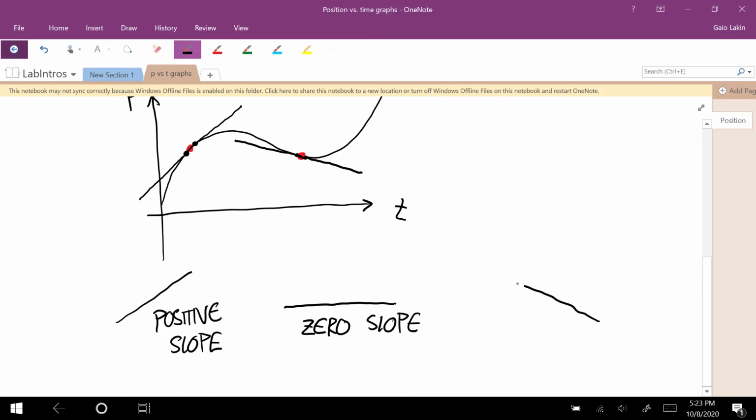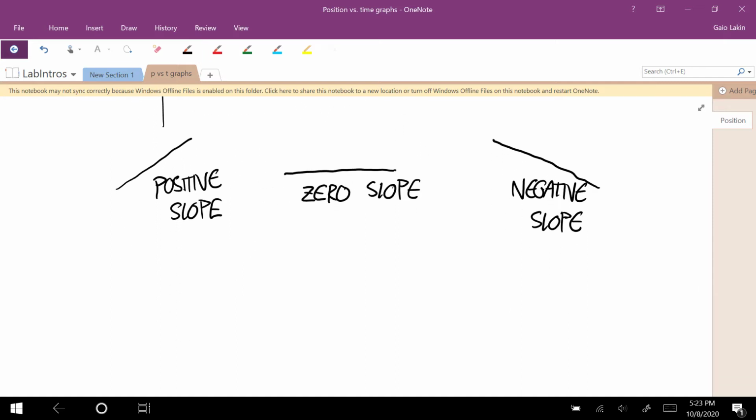And if you have a line like that, that's a negative slope. Well, if this is a position versus time graph, then a tangent line that looks like this one, the positive slope here, means that the velocity is positive. One that's horizontal, that means the velocity is zero and the thing isn't moving. And then a negative slope would indicate a negative velocity.